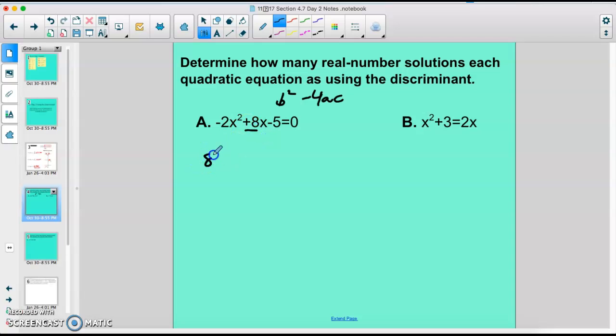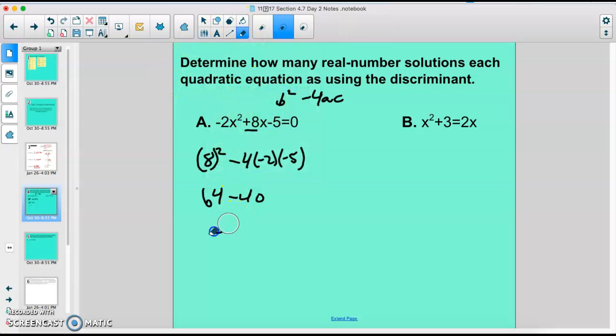So we have 8 squared minus, let's put that in parentheses, minus 4, a is negative 2, and c is negative 5. And we just solve this. So this is 64, 8 times 5 is 40, and it's negative 40. And so our final answer, positive 24.